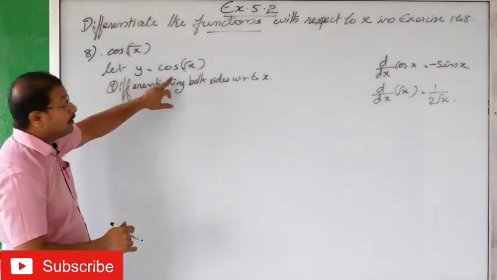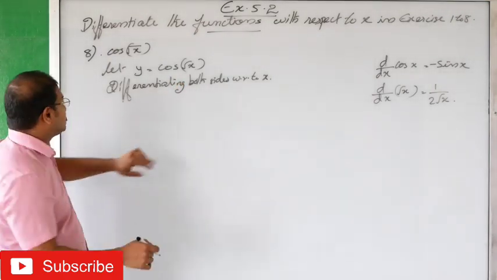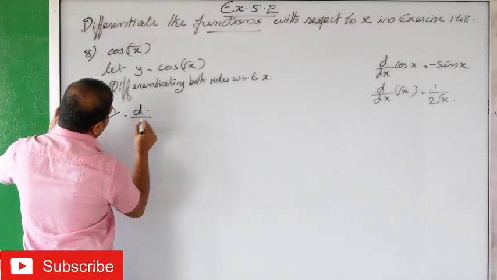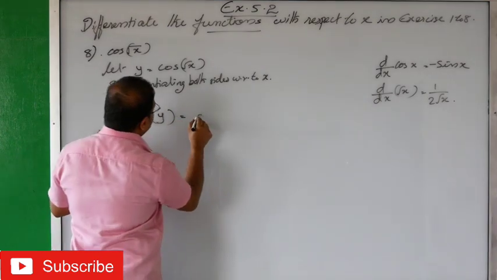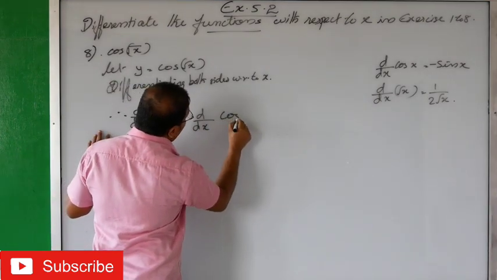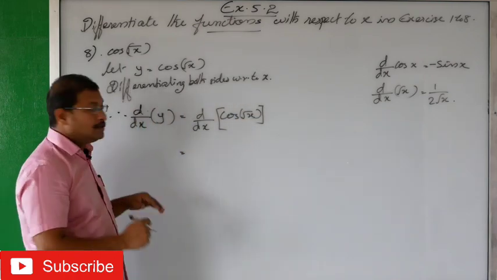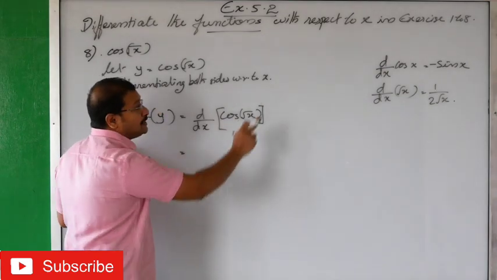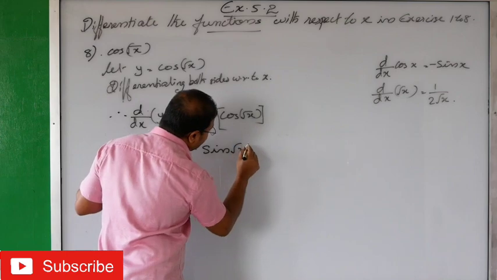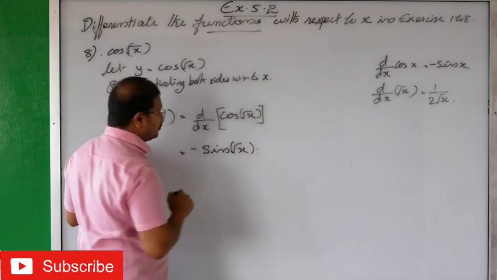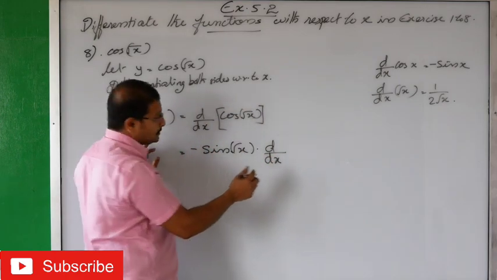First we will write let y equals cos of root x, differentiating both sides with respect to x. Therefore derivative of y equals derivative of cos of root x equals, now first we will take the derivative of cos theta or cos x, that is minus sin x, means root x, into the derivative of root x.